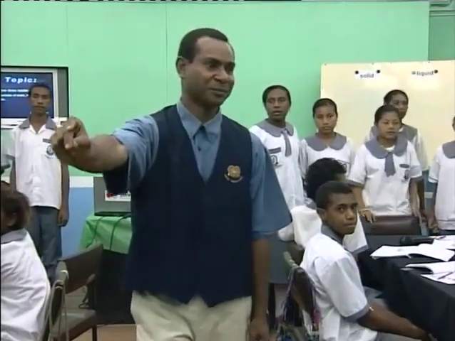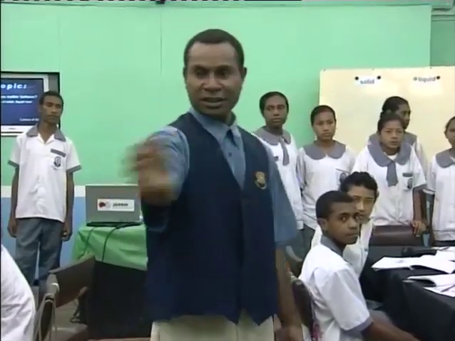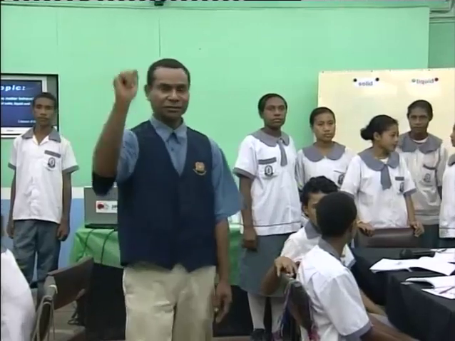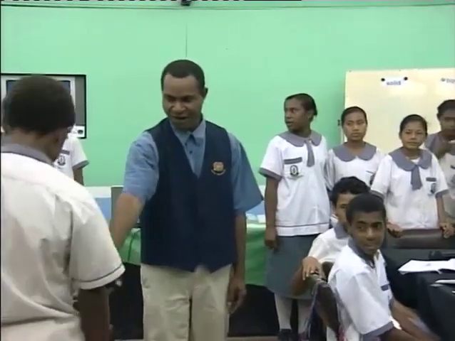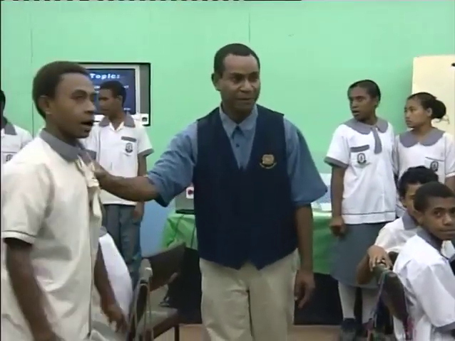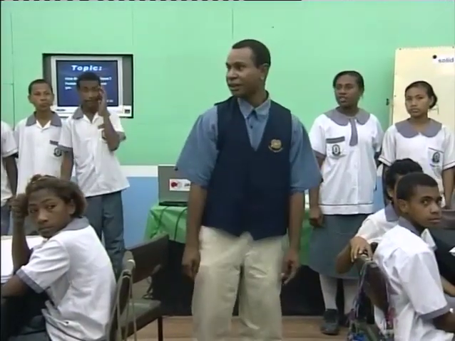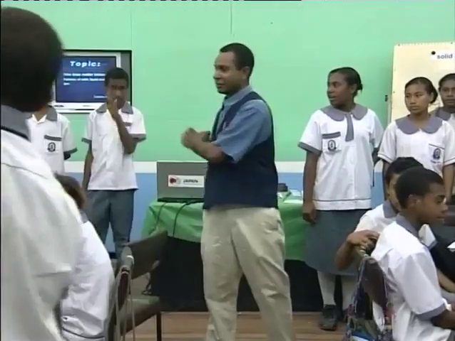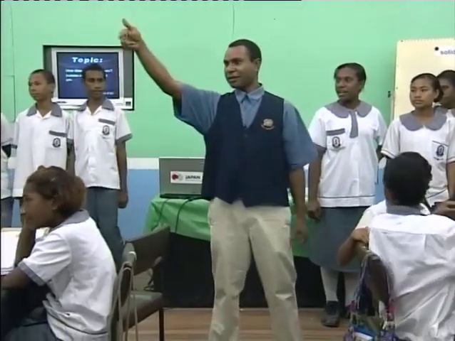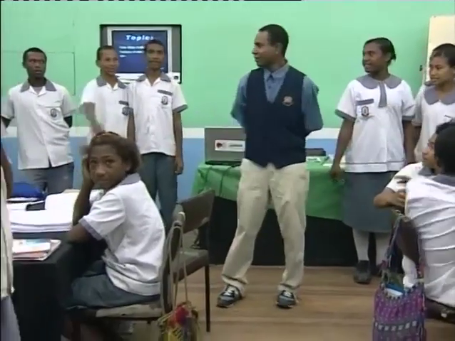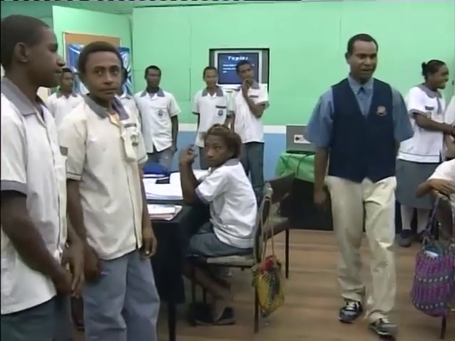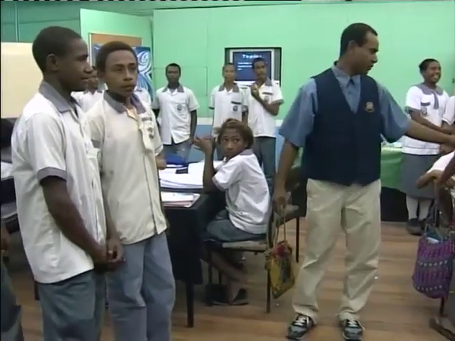Okay, boys this time. Come, Joshua. Okay, Joshua here. Cooper. Cullen. Okay, Cullen, good. 3 more. Who's this? Walter and Samuel, Emmanuel.